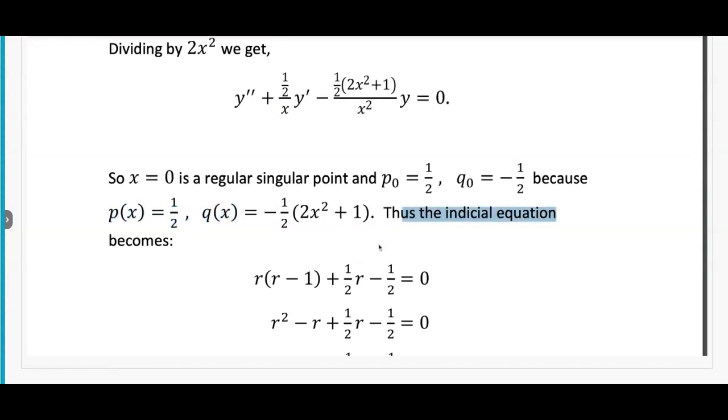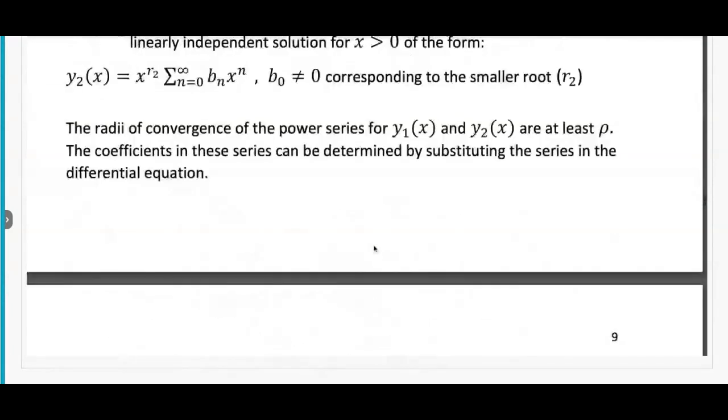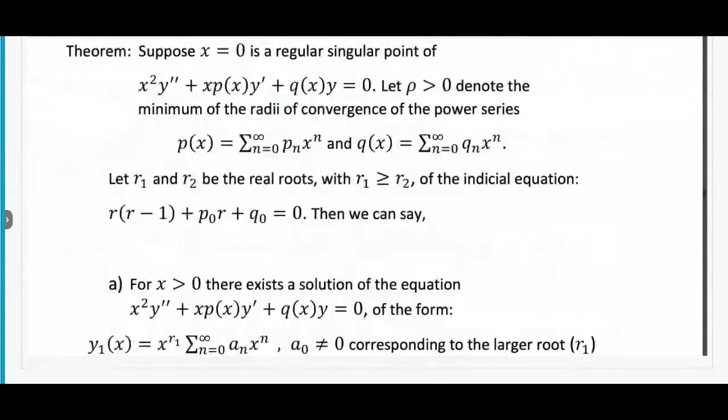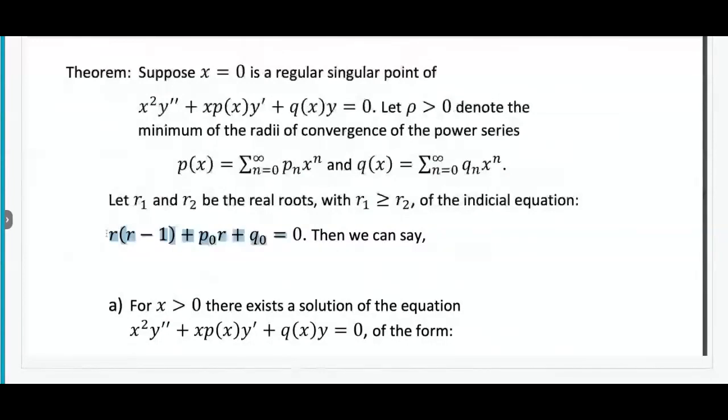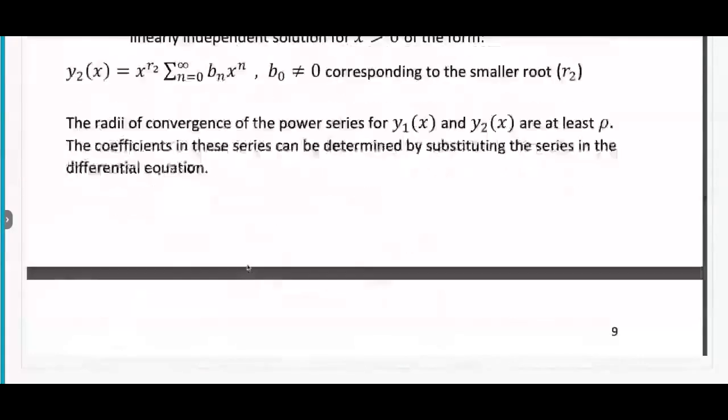Then the initial equation, because this is called a Frobenius method. This is our initial equation. P naught is P of 0, Q naught is Q of 0.